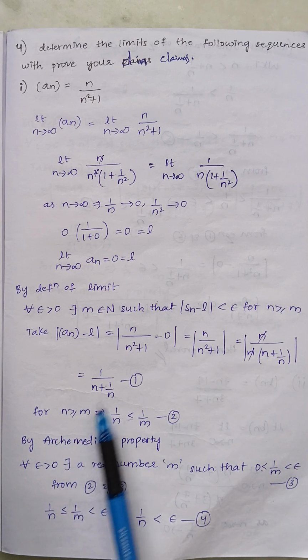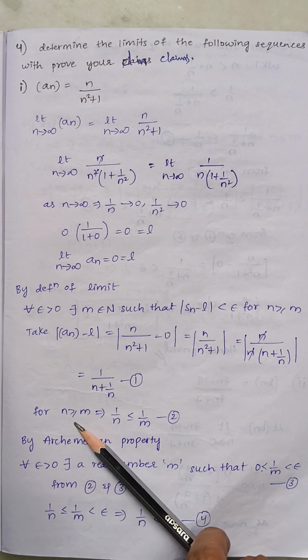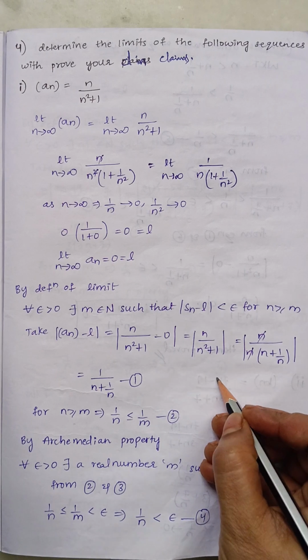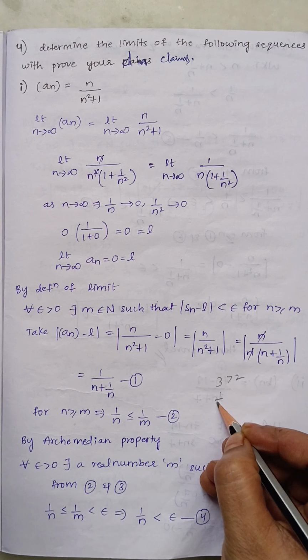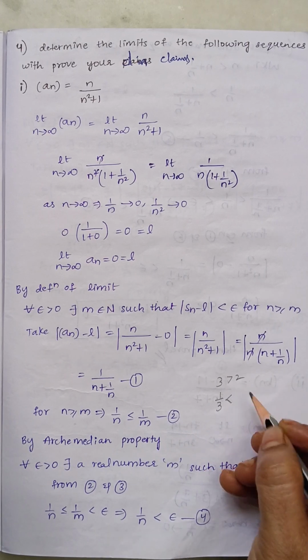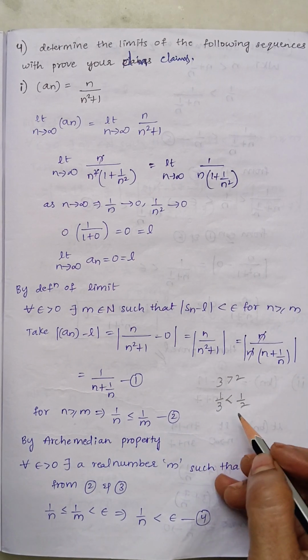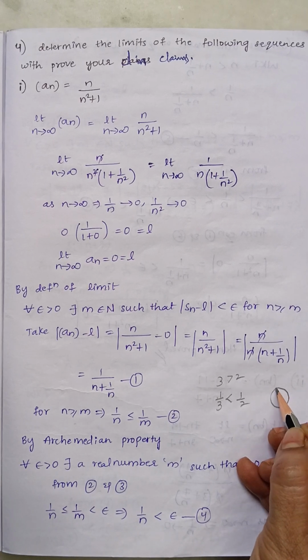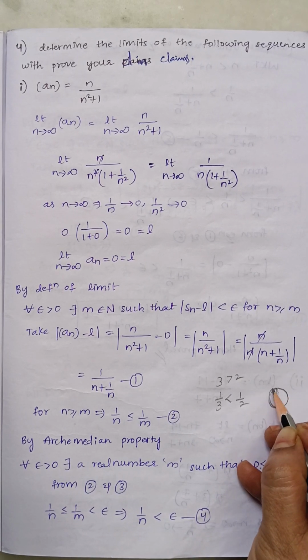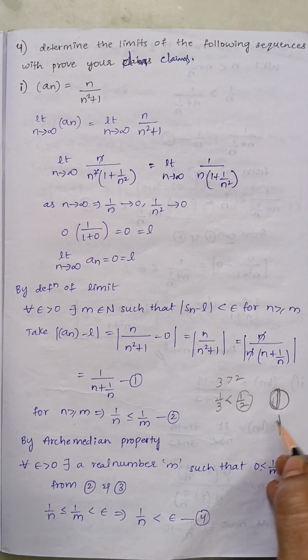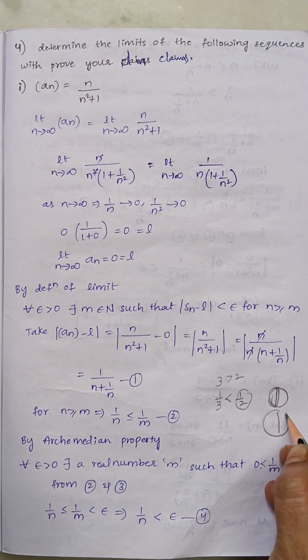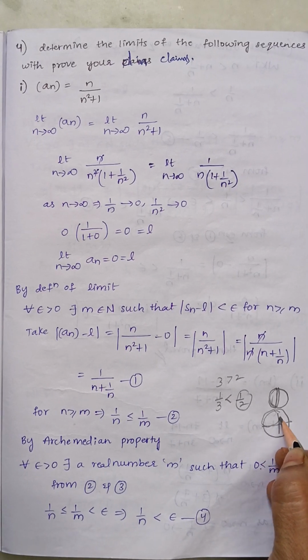Obviously when you are taking the reciprocal, the sign will be reversed. Suppose 3 is greater than 2, then when you take the reciprocal, obviously 1 by 3 is less than 1 by 2. Because when you divide a circle into 2 equal parts, 1 by 2 is this part. If you divide the circle into 4 equal parts, this part will be very small.